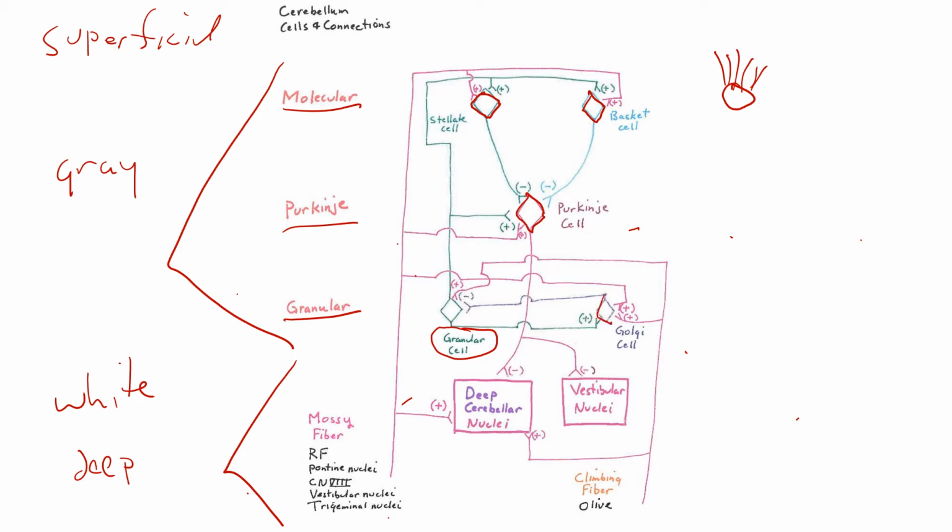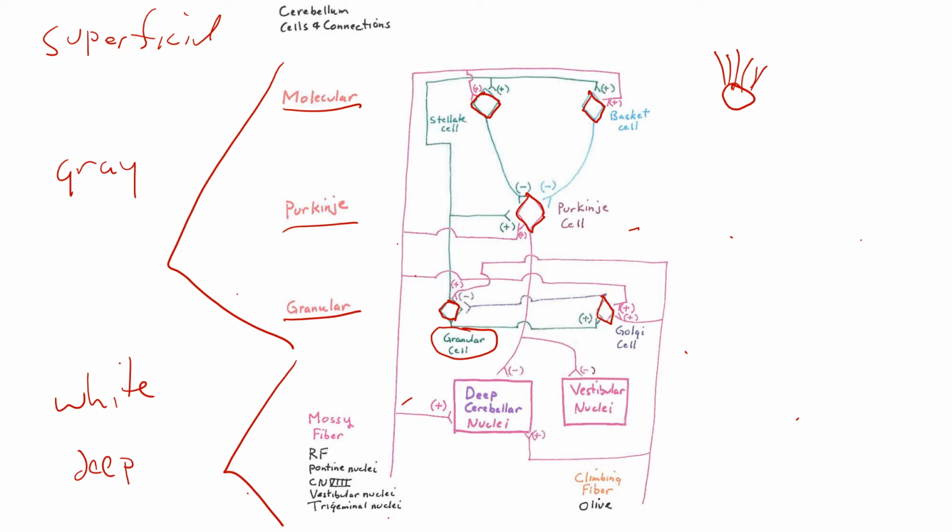And we have the Golgi cells. Golgi cells get their name from the way that they take on the stain and the fact that they were first described by Golgi. So 5 different cells are going to be located within the gray matter of the cerebellum.